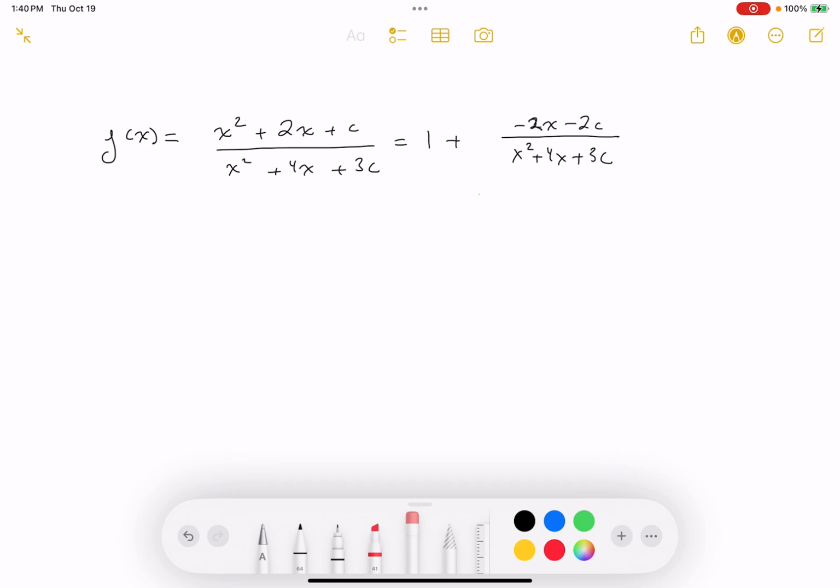Now I'm going to rewrite the problem a little bit differently. I'm going to write it as 1 minus 2 times, and that's going to be what now? It's going to be x plus c over x squared plus 4x plus 3c.